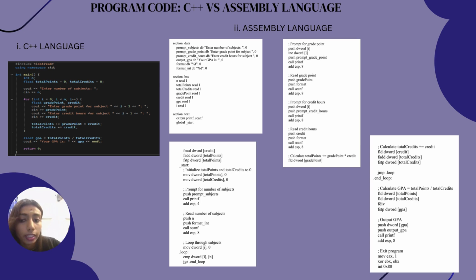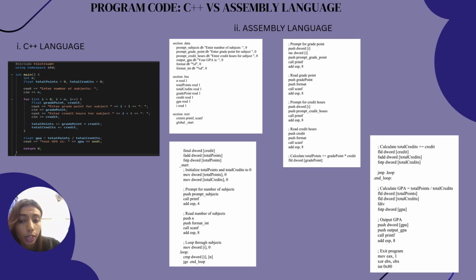A loop begins to iterate over each subject. In each iteration, the program prompts the user to enter the grade point and credit hour for the subject. Next, the program performs floating point arithmetic using the x86 FPU (floating point unit). It multiplies the grade point by the credit hour and adds the result to total point. Then it adds the credit hour to total credit.